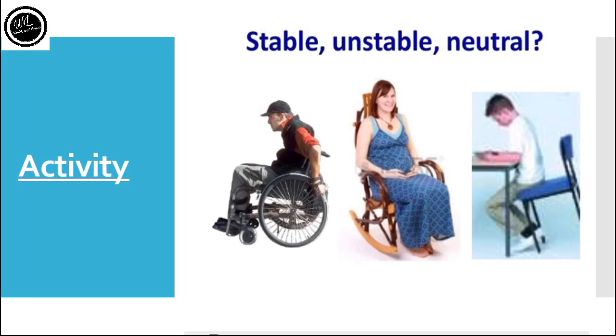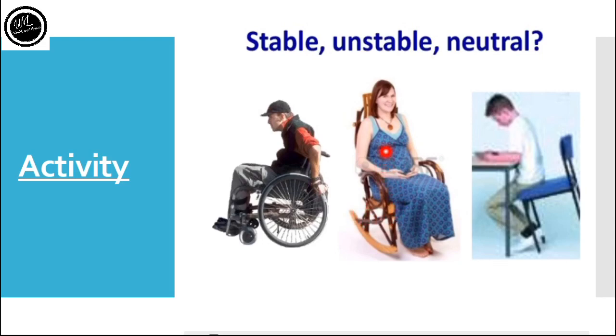Now we have three situations here. We have to find out which one is stable, which one is unstable, and which one is neutral equilibrium. If I am applying a force on it, or if I am slightly tilting it, the body will come back to its previous position, or it will not come back to its previous position, or it will remain in a new position. What will happen? Yes, this body satisfies neutral equilibrium.